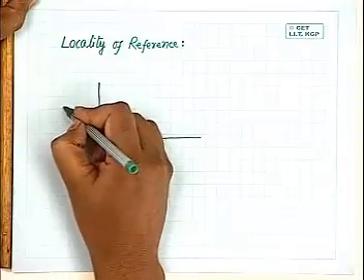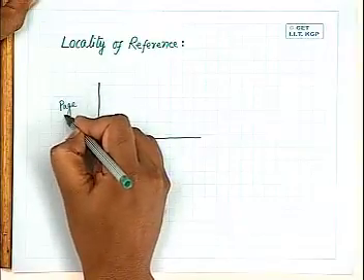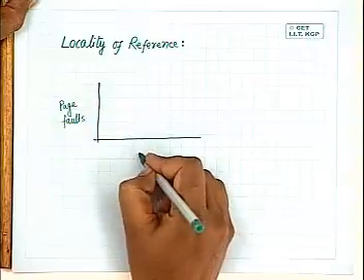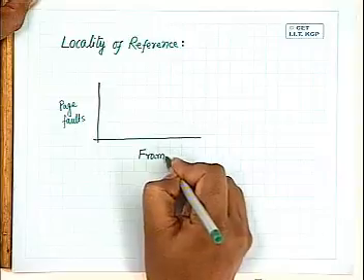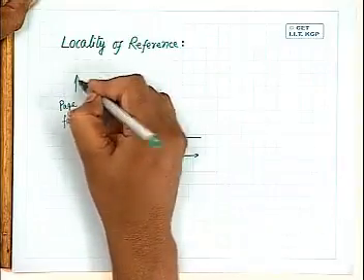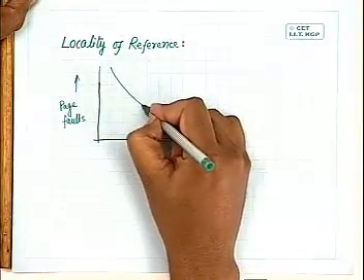So if I put it like this, the number of page faults, and this is the number of frames available for accommodating the pages. You will find that you get a curve something like this.